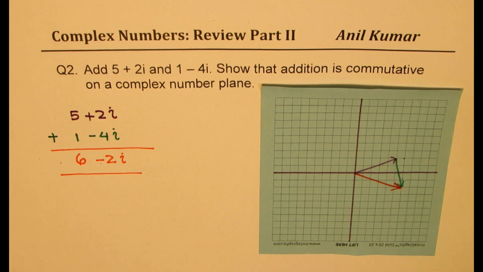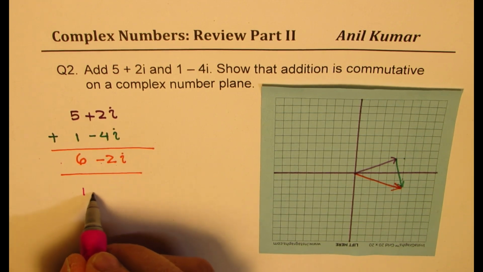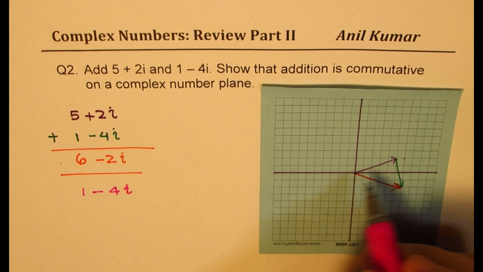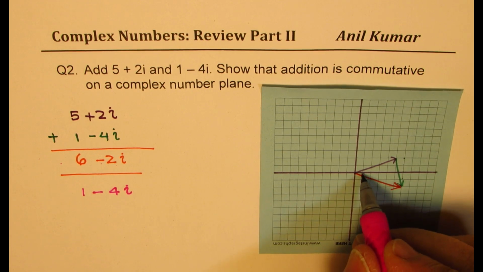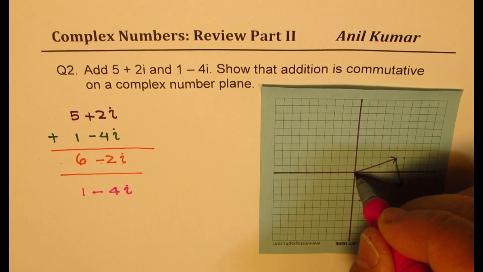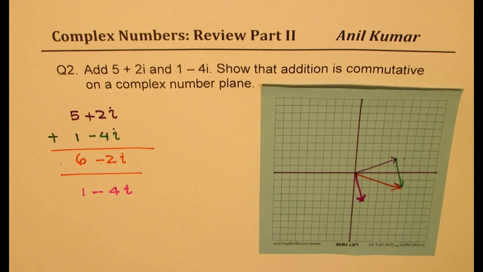Now, as I was saying, in these complex numbers, addition is commutative. That is to say, we could have started with 1 minus 4i, correct? So let's do that part. 1 minus 4i, if I do 1 and then 4, 1, 2, 3, 4. The complex number will be 1 minus 4i written as this.